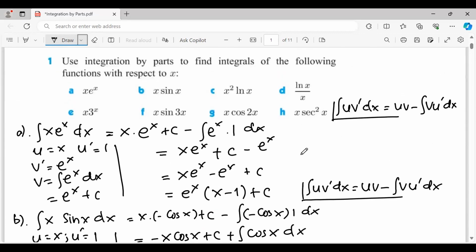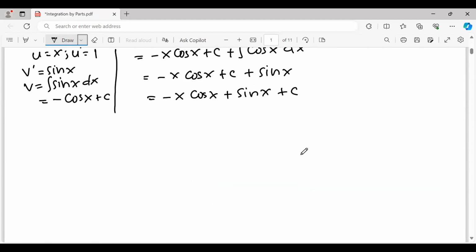c, x squared ln x. Okay, for this integration, u equals ln x, so derivative u equals 1 over x.